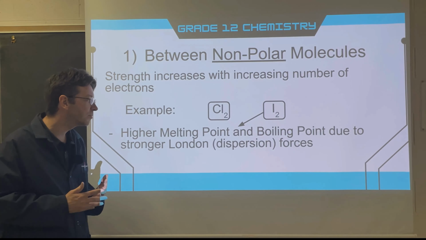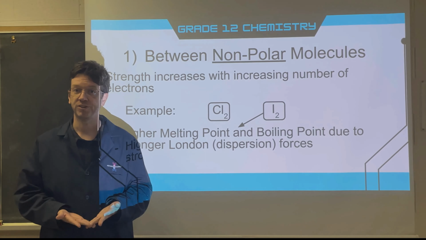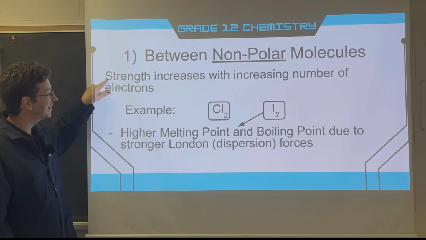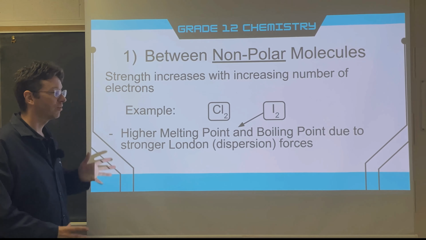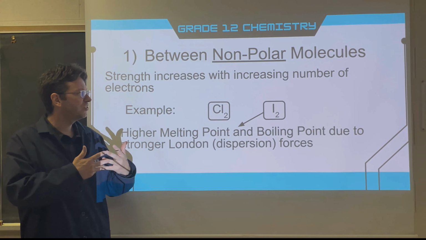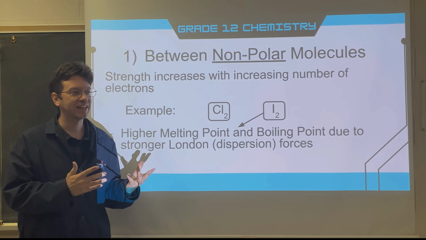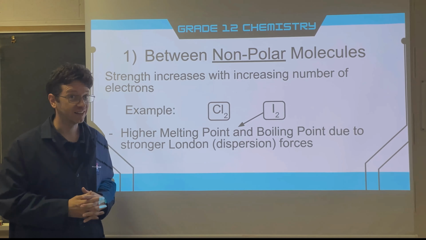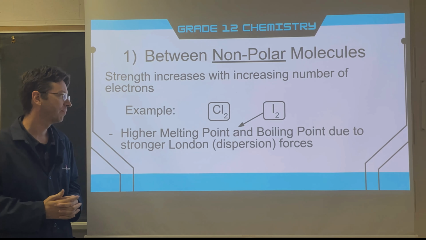But are these London dispersion forces the same? No, they're not equal. In this case, the strength increases with an increasing number of electrons. The more electrons you have, you can think of it as a greater chance that you have a random distribution that will provide these London dispersion forces.